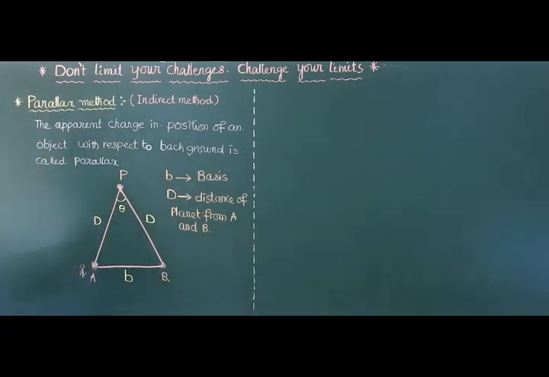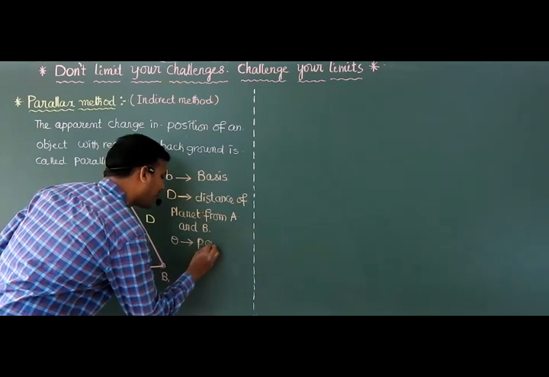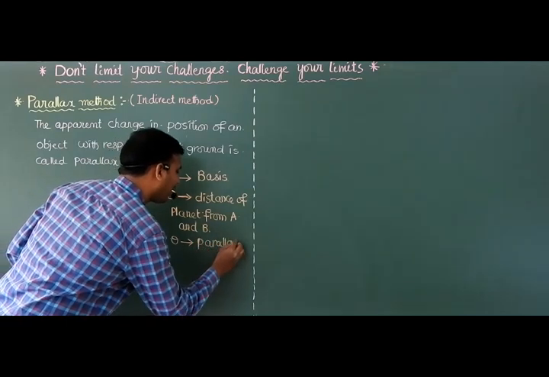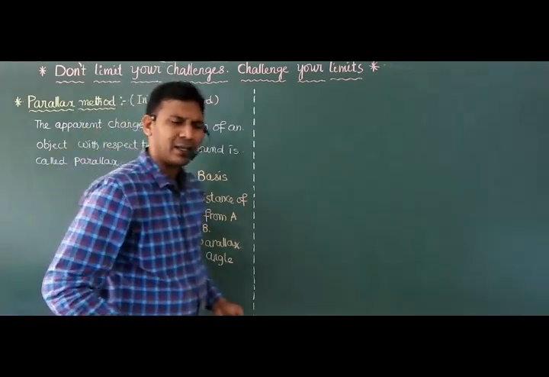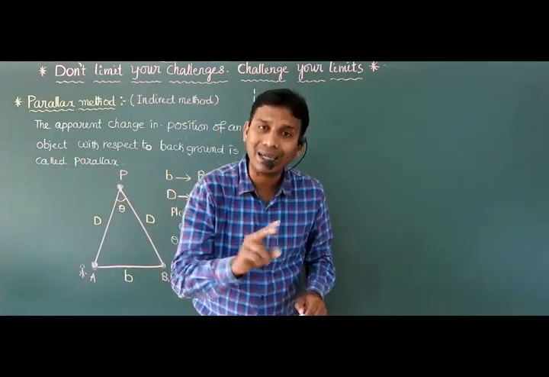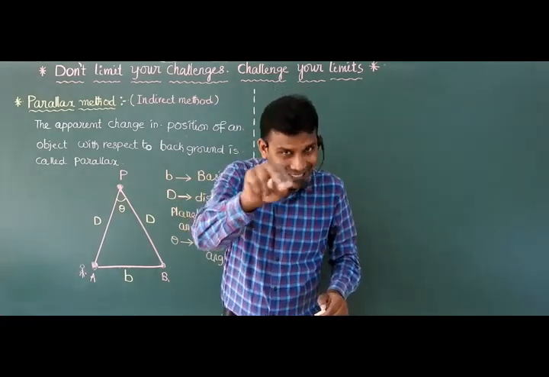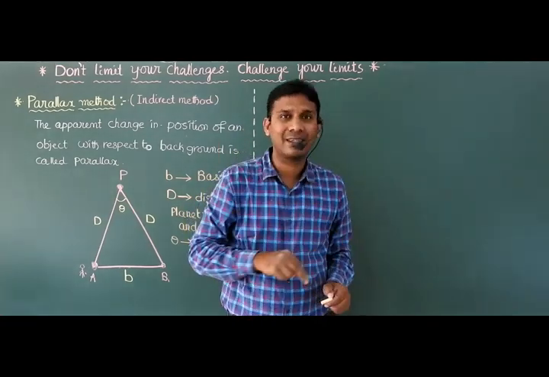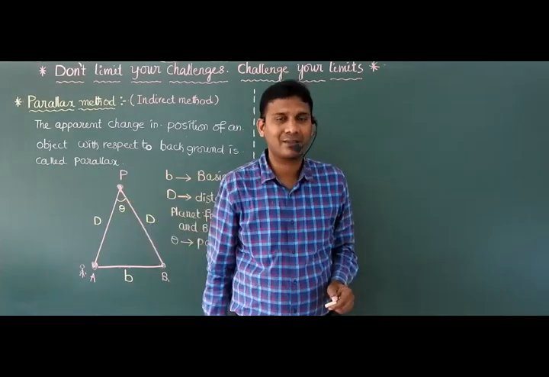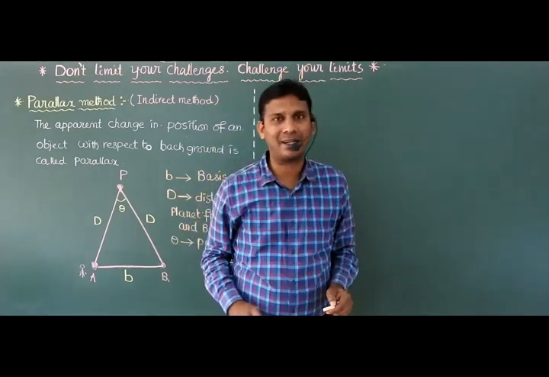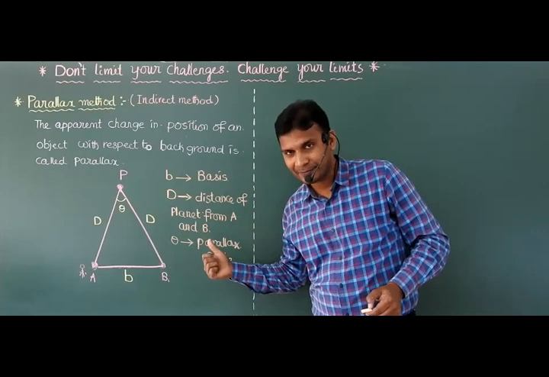Theta is nothing but the parallax angle. It is the angle between the two directions in which the two observers observe the planet. I hope it is clear.